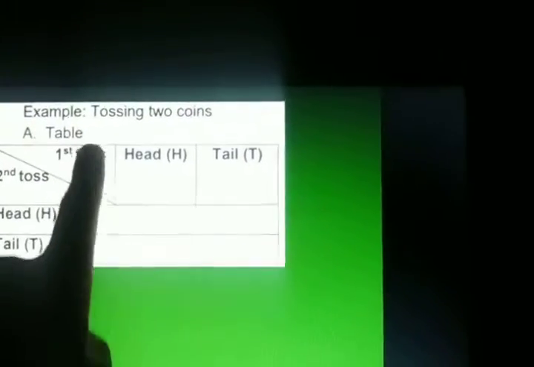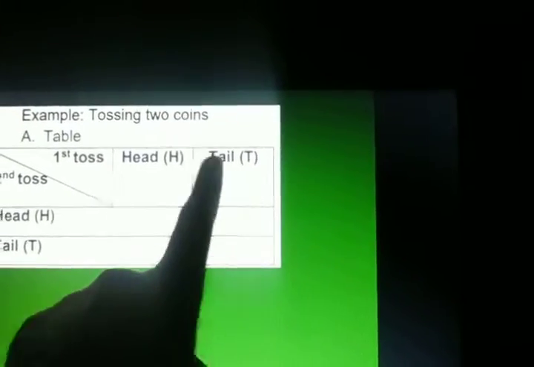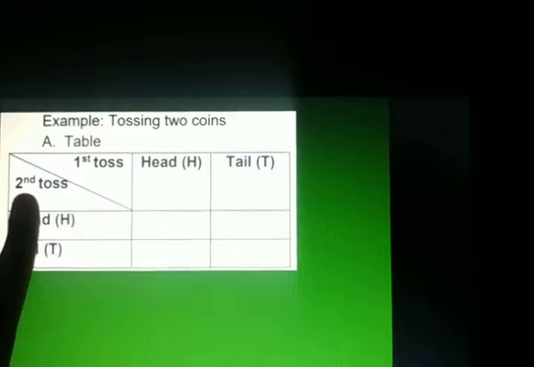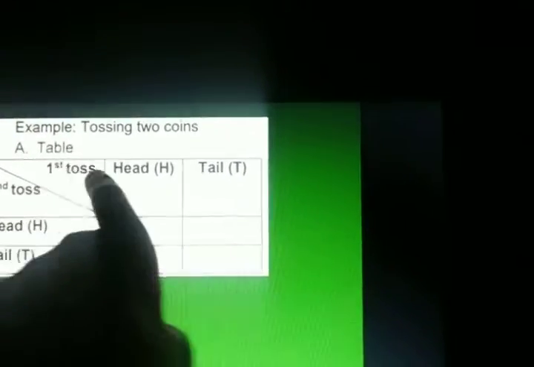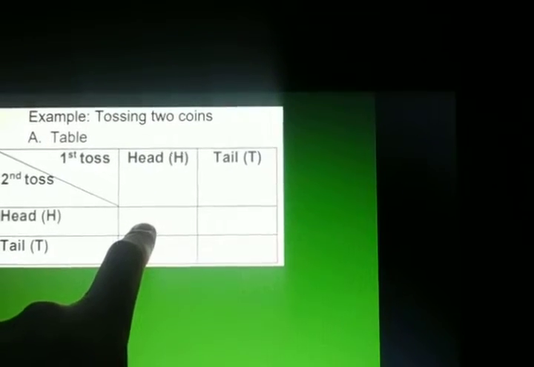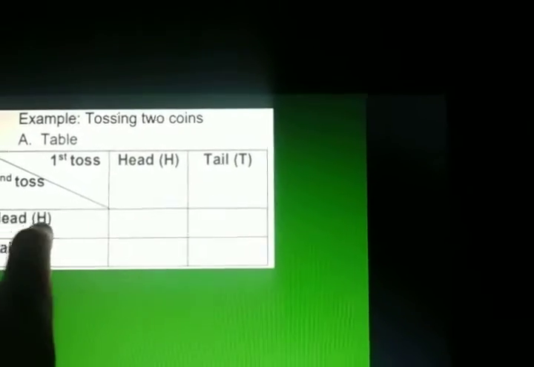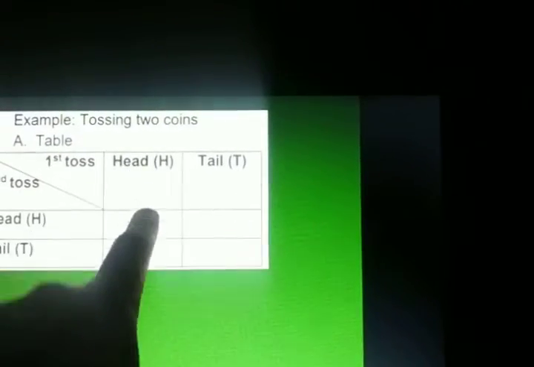Again, first toss mo, first coin mo, anong pwede magwa? Head, kag tail. Sa second coin mo, mag-toss ka, anong pwede magwa? It's a head or a tail. Okay? So, sa first toss mo, head. So, you copy H. And then, ang intersection niya nga row, head man. So, from head, kag head.